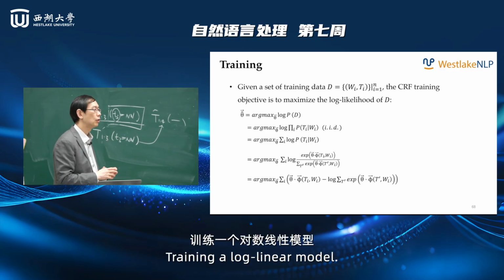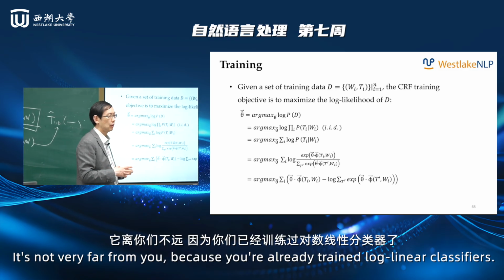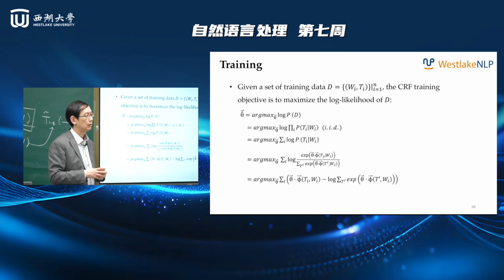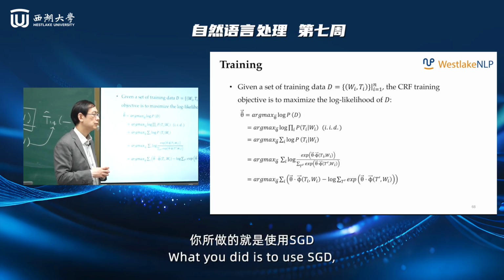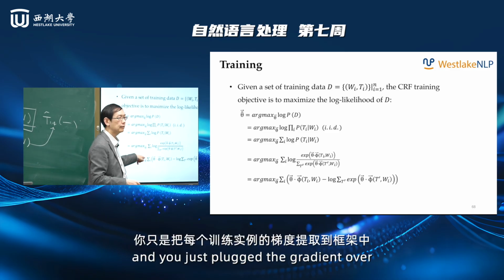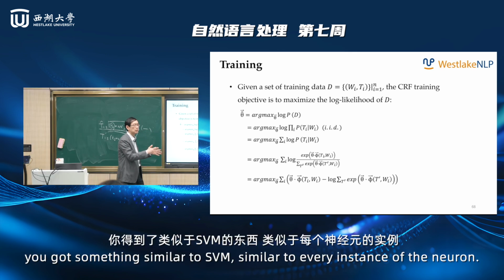Training a log linear model is not very far from you because you already trained log linear classifiers. What you did is to use SGD and you just plugged the gradient over every training instance into the framework. You got something similar to SVM, similar to every instance of a neuron.